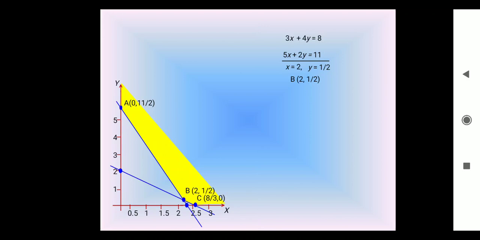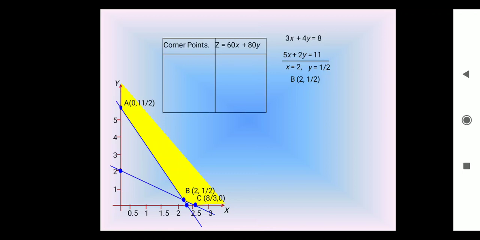Therefore, A (0, 11/2), B (2, 1/2) and C (8/3, 0) are the 3 corner points of the given linear objective function, which are going to help us to find the minimum value of z. Considering the table of corner points, z = 60x + 80y.